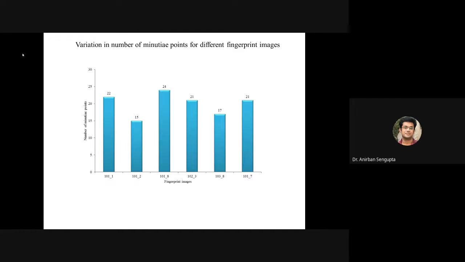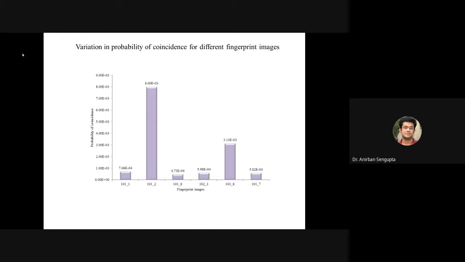The number of minutia points for different fingerprint images also varies, as we discussed just some time back, and in different fingers this variation in minutia points is very likely. Accordingly, since the number of minutia points varies, the digital template size will vary and the number of security constraints will vary.